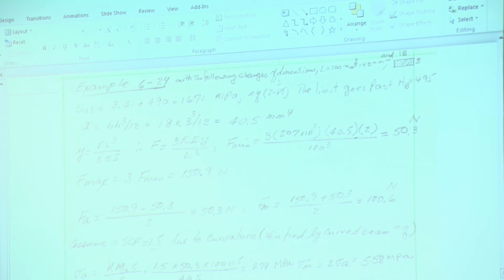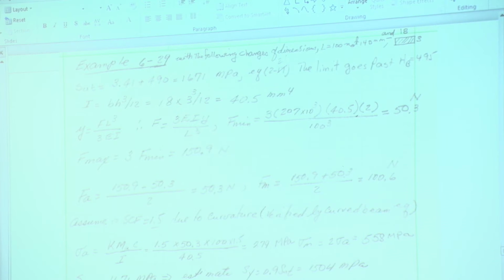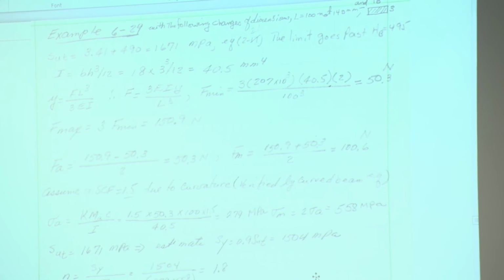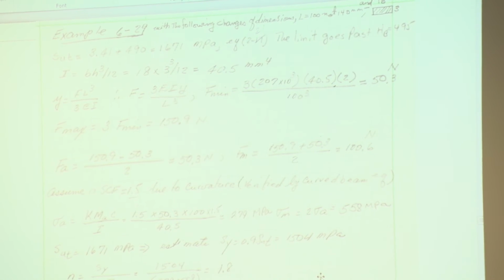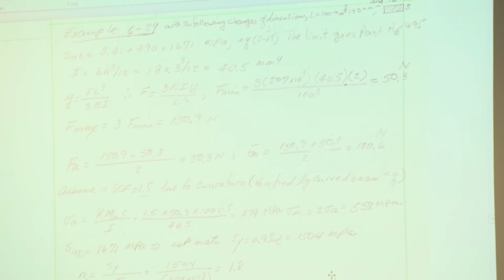So these are the changes. So please write these on your paper. I have written them, but you should write them as well. As you see, I say on the very top, example 629 with the following changes of dimensions. L is equal to 100, not 140 millimeters, and the cross section is 18 by 3, not 20 by 4, I guess.